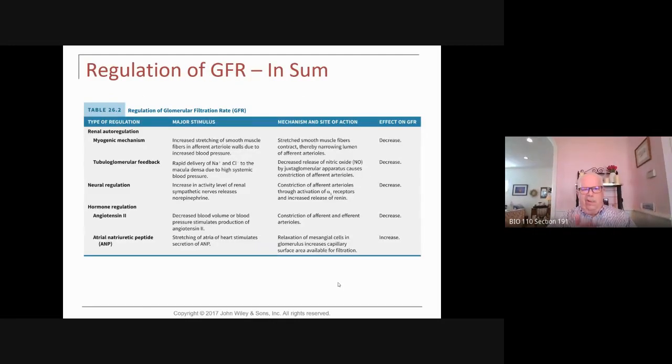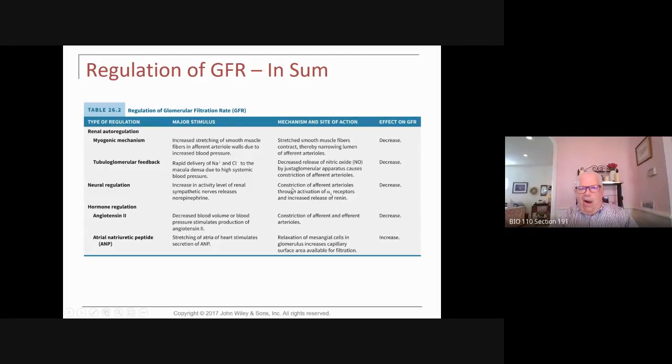Okay? So this is a review. Here's the review. We just went over this whole thing. This is a great slide. I'll take a few questions from this slide, and you'll see the effect on glomerular filtration rate.